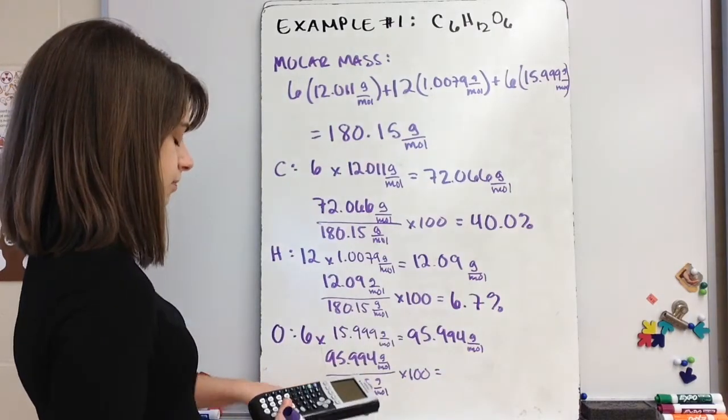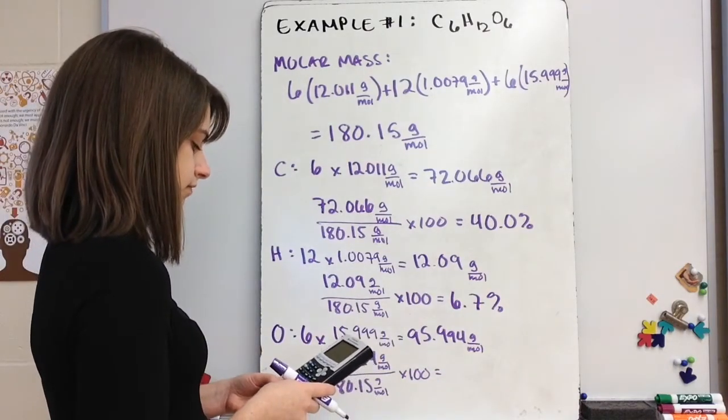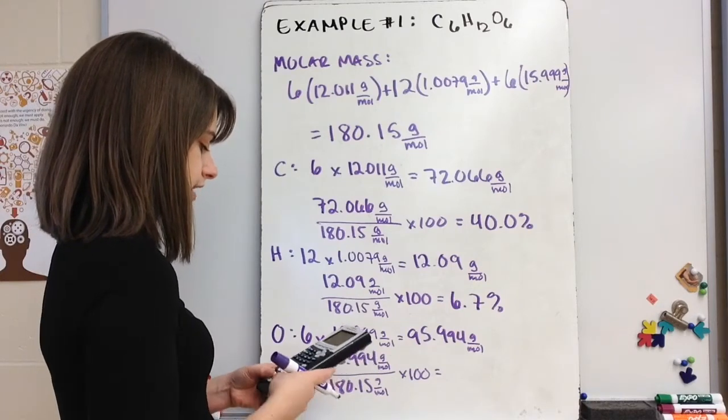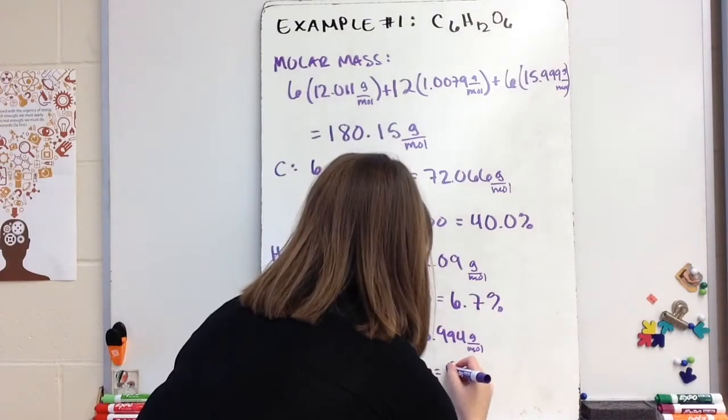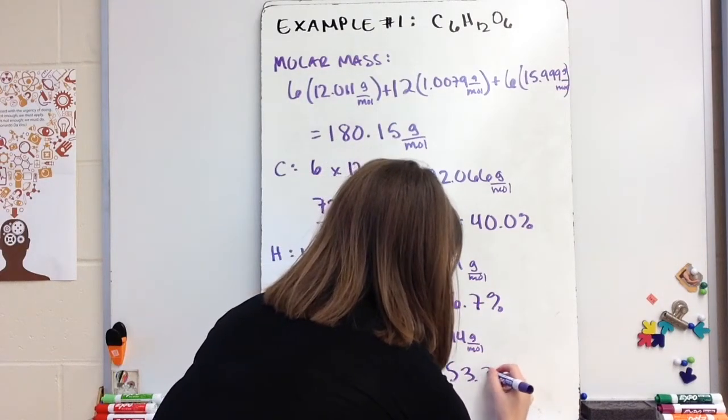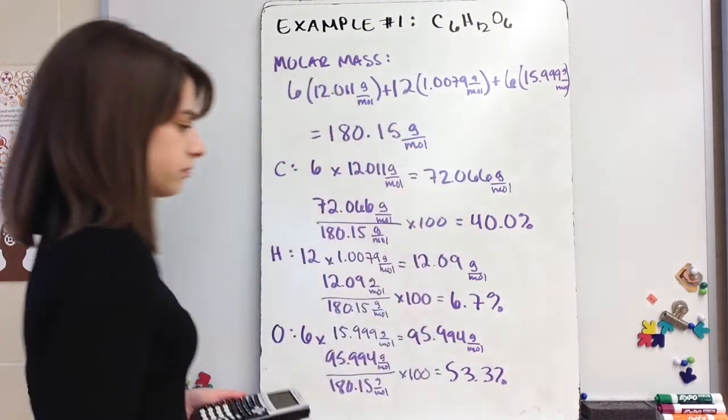So my part divided by my whole, 95.994 divided by 180.15 times 100 gets me 53.3%.